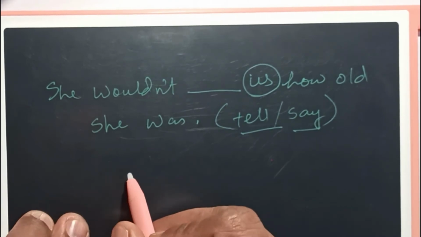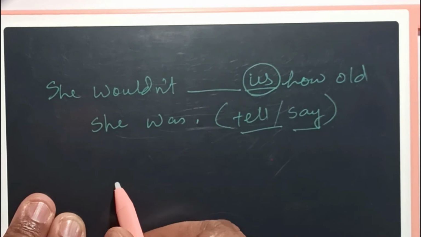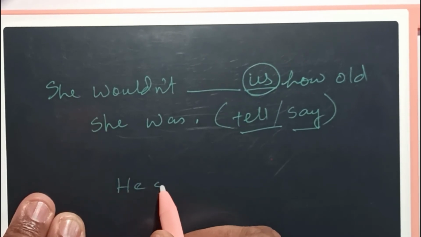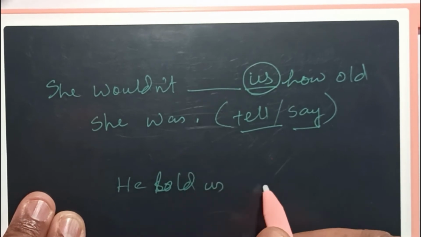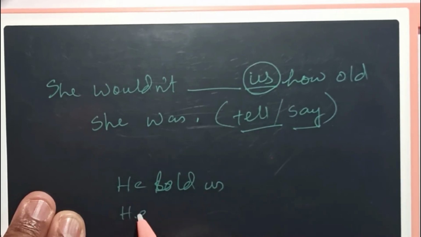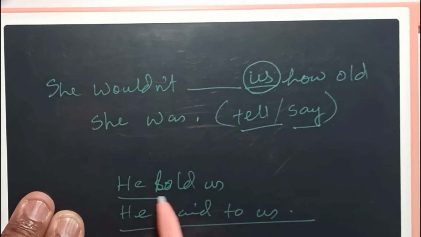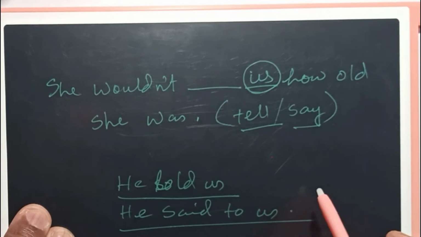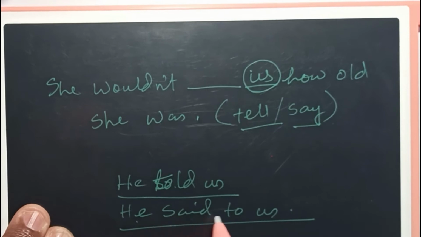So generally when a personal pronoun like this is used, we say he told us, but he said to us. Okay, this is the pattern of sentence we are supposed to use: he told us or he said to us.